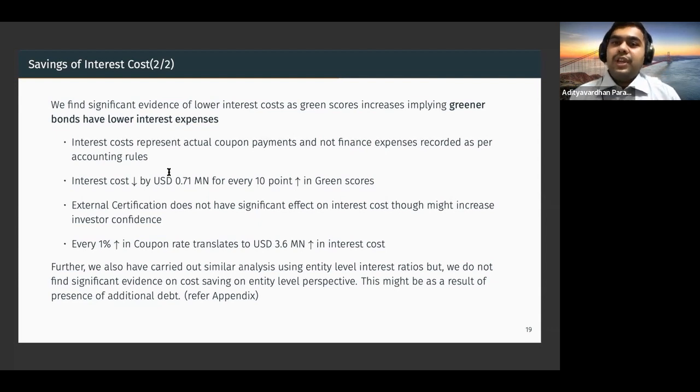But there the results are not significant enough to state that a higher green score results in lower entity level interest cost. This might be a result of the presence of additional debt or different types of debt on the balance sheet. Next slide, please.